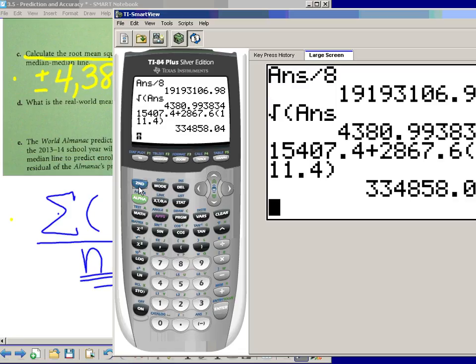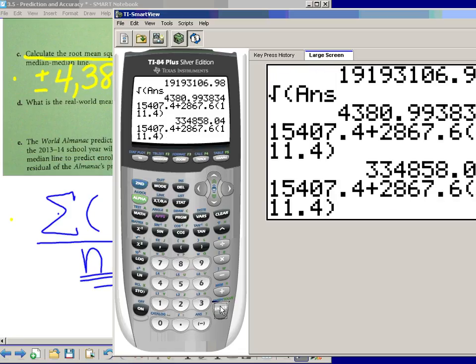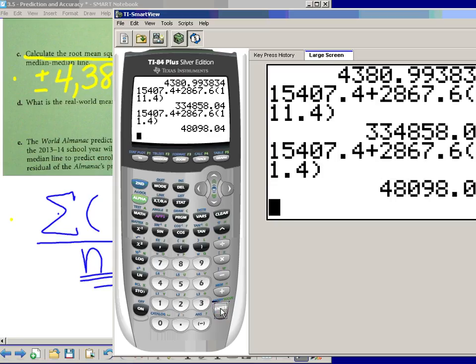Sorry, I messed up there. Let's go back, hit second enter to pull that up. That was clearly way off. I put in 111.4. Back up and delete one of those ones there. Enter. That looks a little bit better.